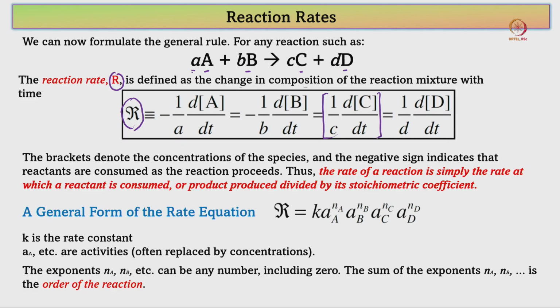See, this is a positive equation, right? There is no negative sign involved in this. If you are writing in terms of products, it will be positive. If in terms of reactants, it will be negative. Other than that, if you are trying to write in a generalized form, this is the differentiated form.